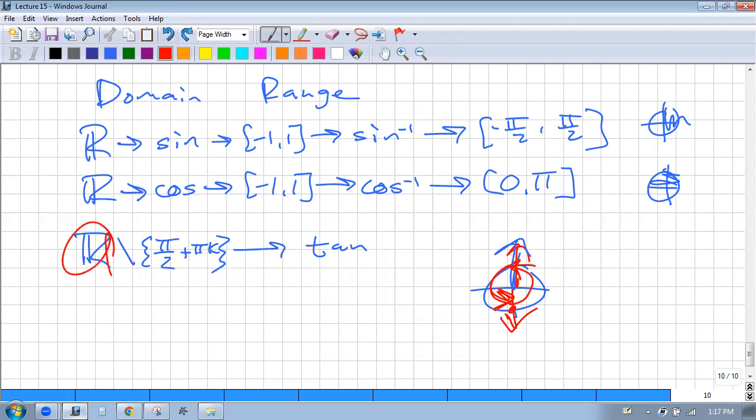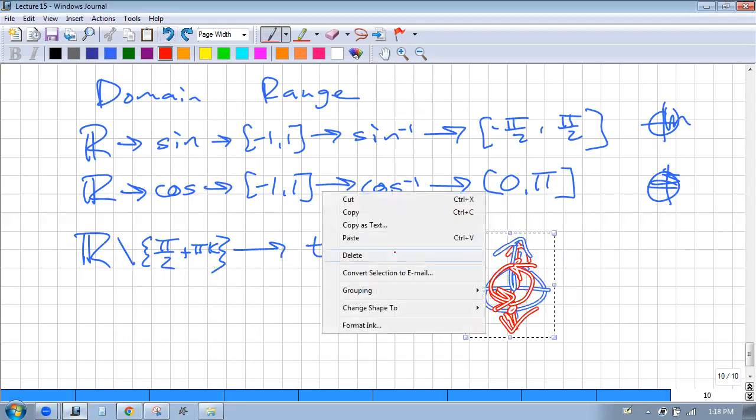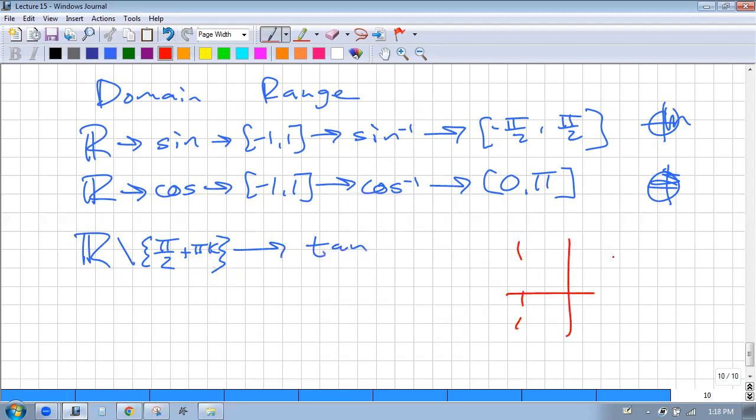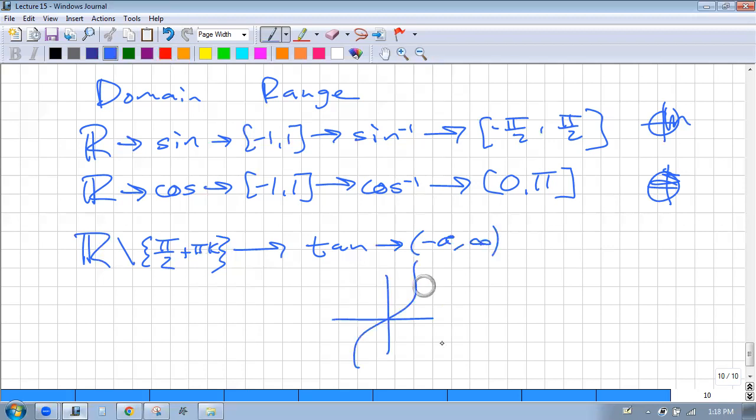So I'm saying any real number except for the angles that point up and down. Those are what can go into tangent. That's why we have the vertical asymptotes. Tangent's pi periodic. Add pi to a number it can't accept, and you get another number it can't accept. Tangent spits out something between minus infinity and infinity. Remember, its graph goes forever up and down.